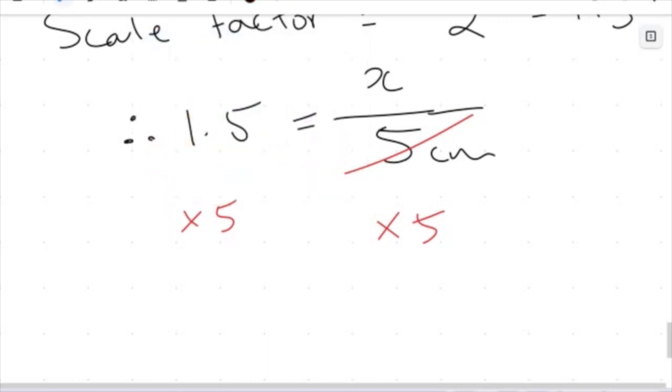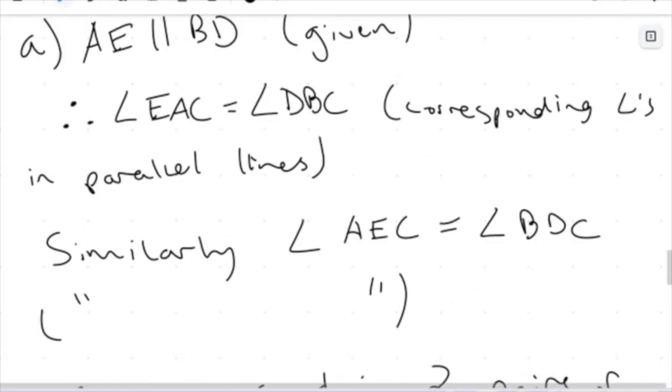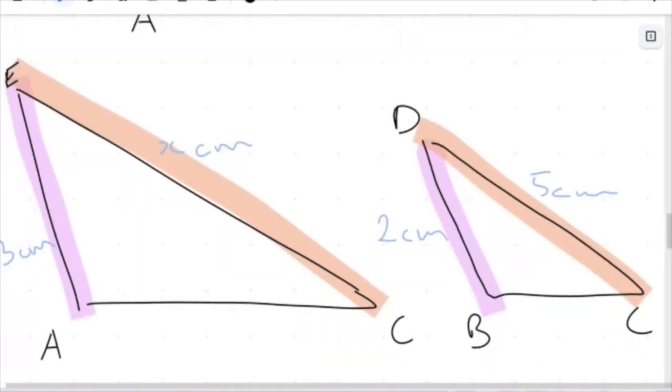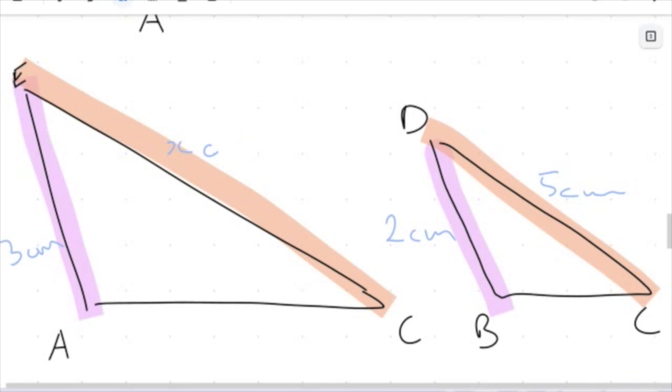And then I get 5 times 1.5 gives me 7.5 centimeters. And that equals x over here. So my length here must be 7.5 centimeters.